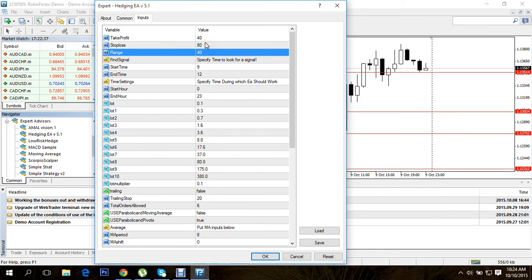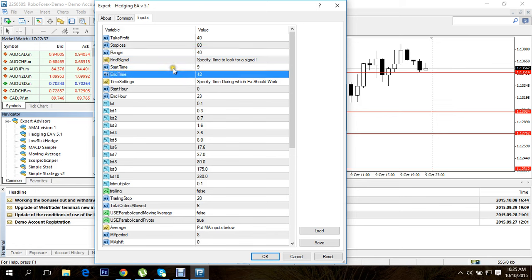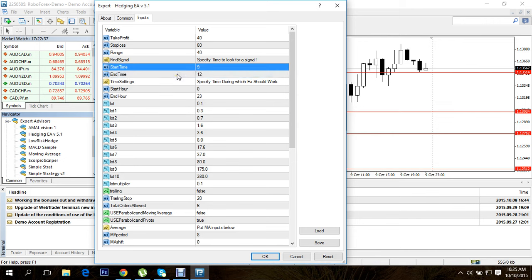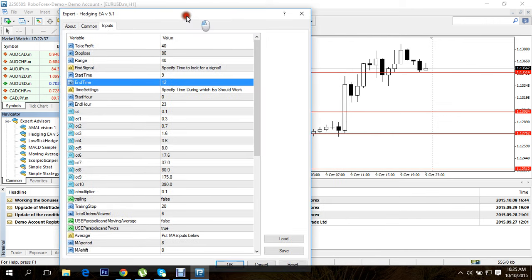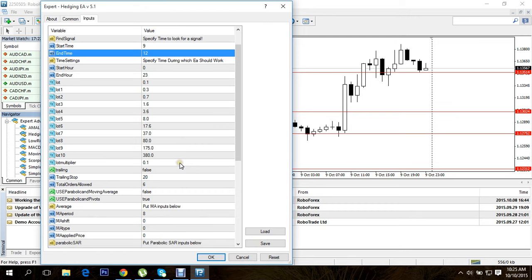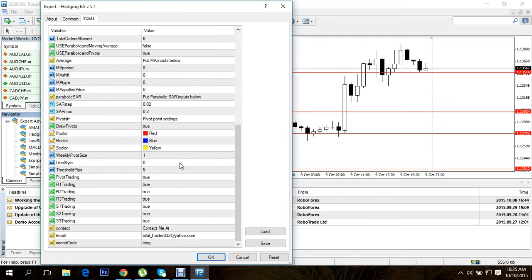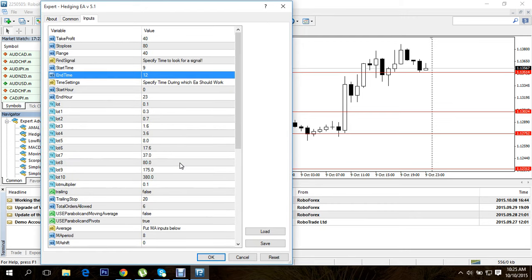Okay, the next two variables are for you to specify the time between which you want to look for a signal. I'm using two separate signal systems in this EA, and I will explain them one by one.